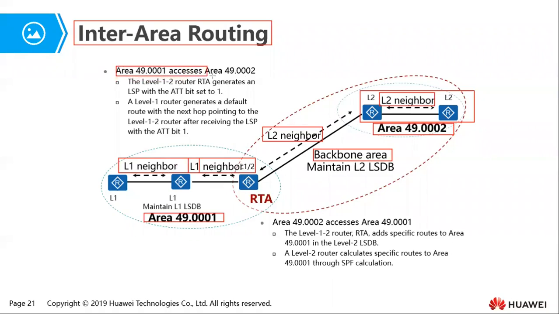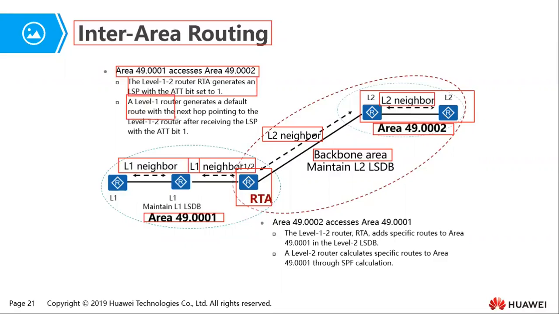In area 1, if area 1 wants to access area 2, the level 1-2 router, RTA, generates an LSP with the ATT bit set to 1. So this guy wants to enable these guys to access these guys. So it will generate a level 1-2 route with the ATT bit set to 1.